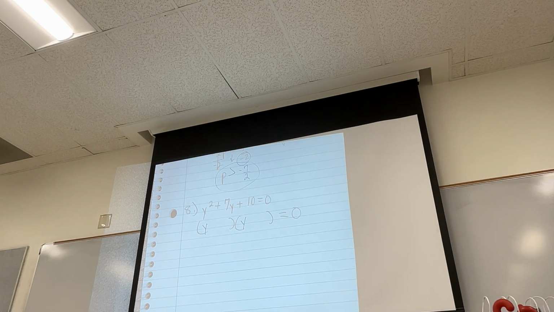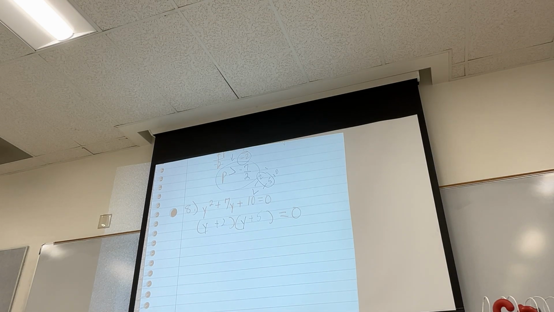No other choices. Then I look at 10, and I heard y'all say, what two numbers can I multiply to get the last term and add to get the middle term? 2 times 5 will give me the last. 1 times 10 will give me the last. But I need the middle to add up, yes? All right, so plus 2, plus 5.